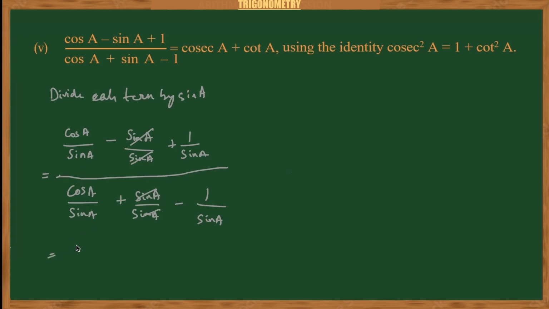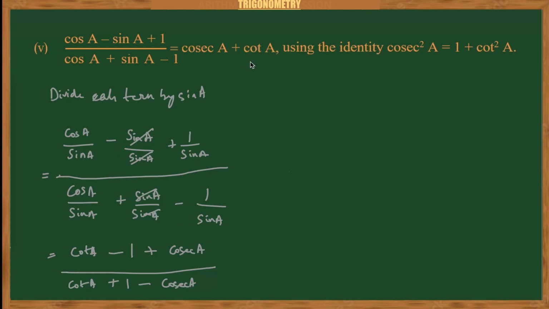Cos A by sine we know is cot A, then minus 1 plus the reverse of sine A, which is cosecant. So cos by sine is cot, plus 1, minus cosecant A.